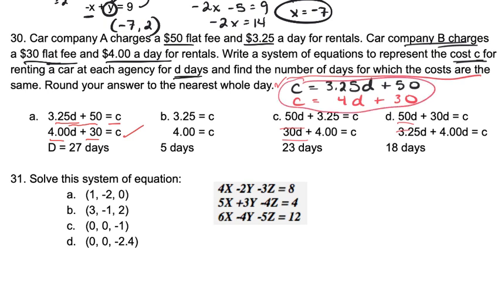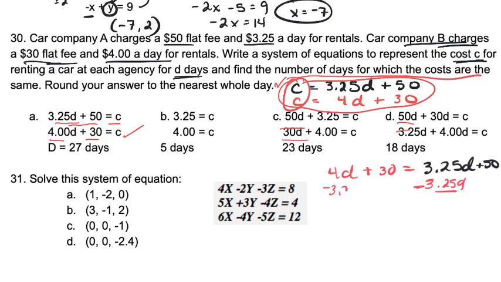This one I'd solve by substitution. See how they both equal C? So we can just set them equal to each other. We can say, hey, 4D plus 30, you have to equal C, and so does the other one, so therefore you equal each other. And now we'll solve this guy. We'll subtract our 3.25 d's from both sides, giving us 0.75d equals, subtract this 30, equals 20.